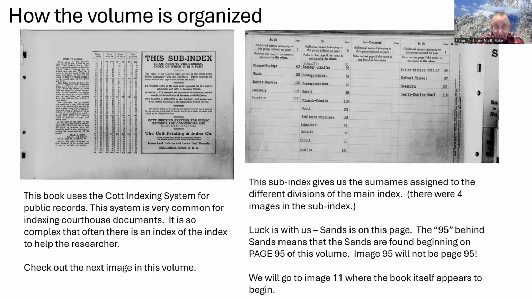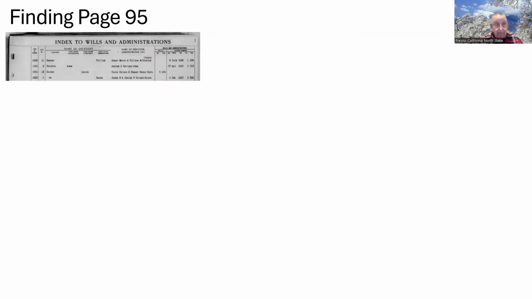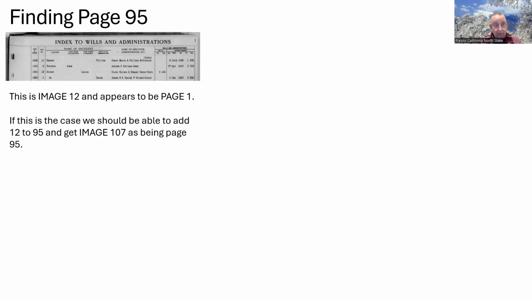Now, there are 11 pages of indexing, so I figured let's go and find where the first actual page is. And that would be image, actually, it's image number 11. And so we're going to look for this page 95. So to find 95, I went to image 12, which is the first one beyond those indexes.